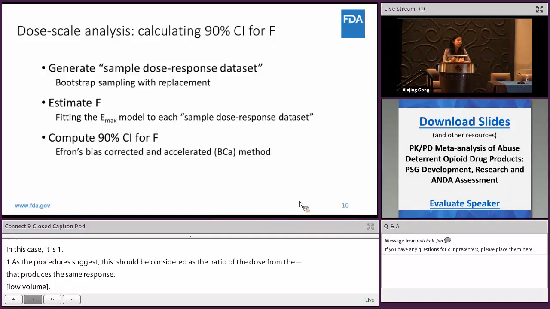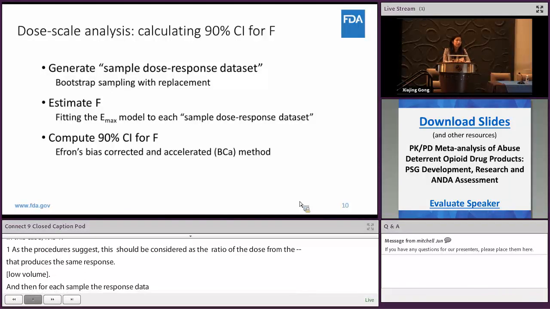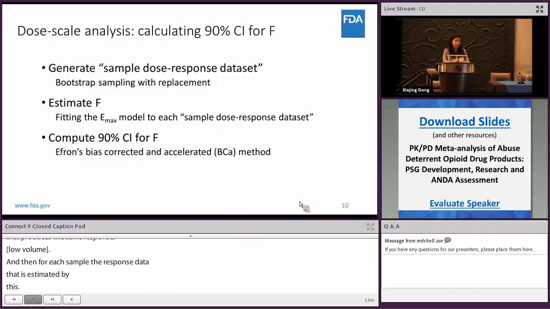And then after that, FDA has recommended using Efron's bias-corrected and accelerated BCa method to establish the 90% confidence interval of F. Again, follow the link for more details.